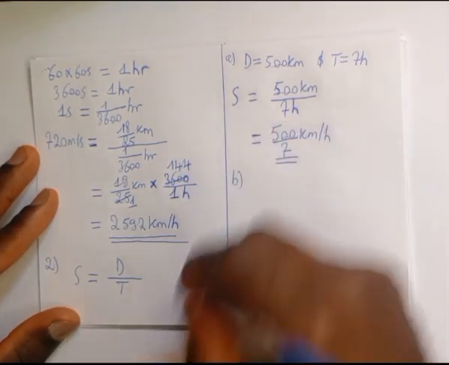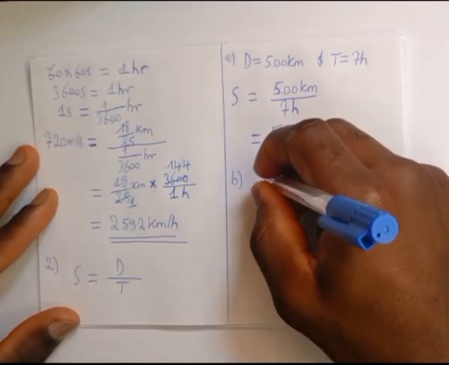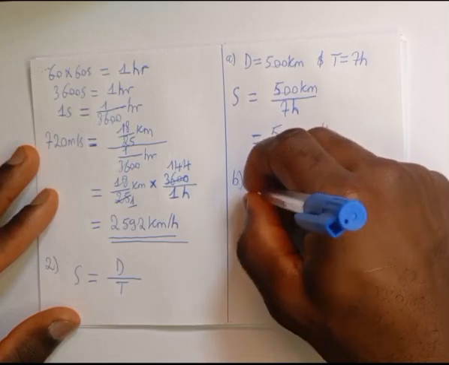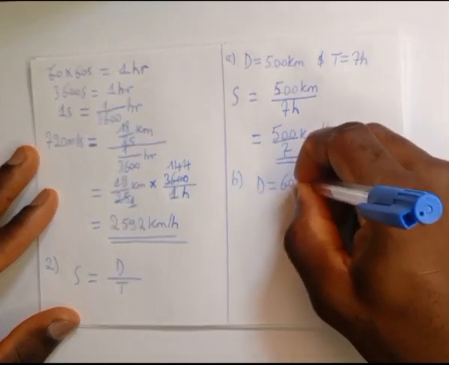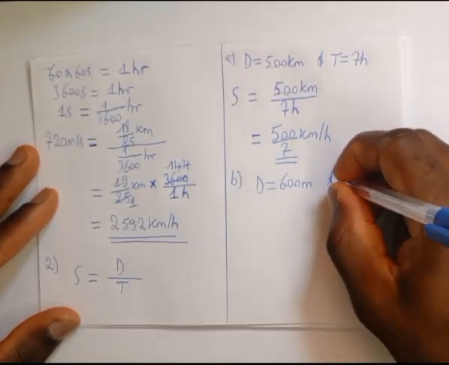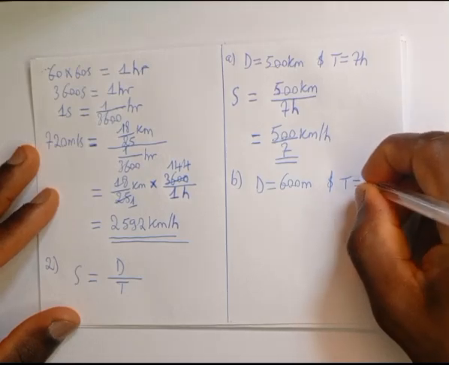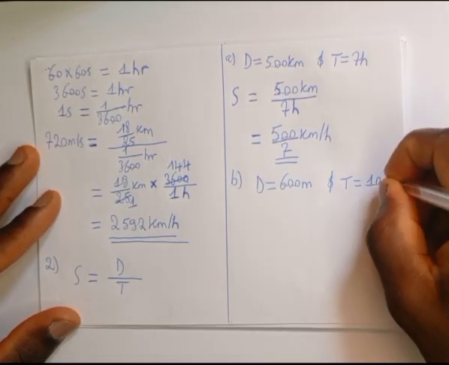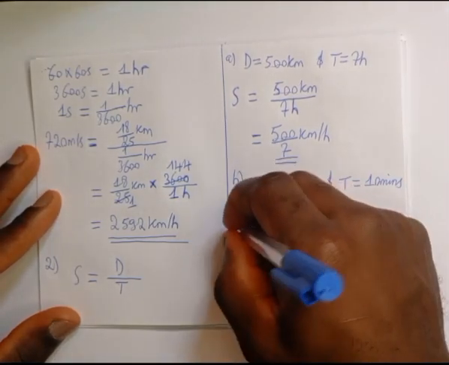We go to B. The body travels a distance of 600 meters, and the time taken is 10 minutes. We have to calculate the speed.